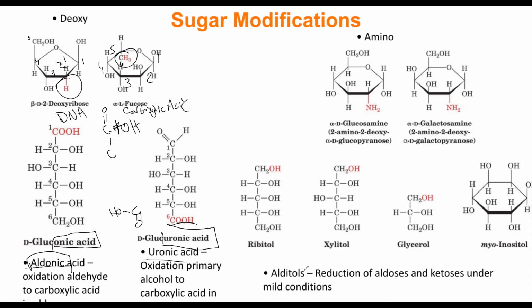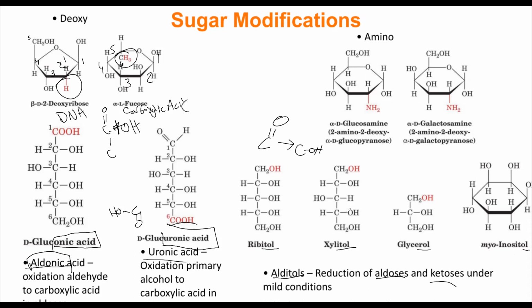Our next type of modifications are called the alditols. An alditol is where you take the C double bond O and you reduce it to an OH. And so this can be an aldose or a ketose, right? And the naming scheme is you just add itol to the end of the name.